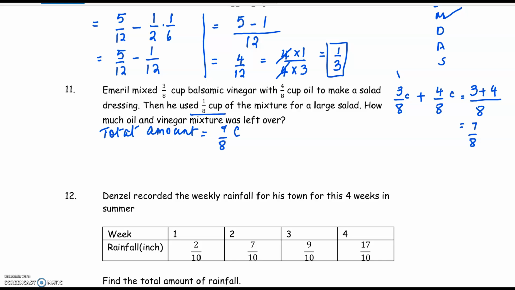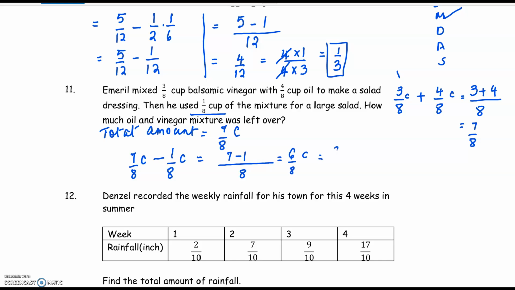Now he uses 1/8 of a cup of the mixture for a large salad. How much oil and vinegar mixture was left over? So we have 7/8 of a cup. We use, which means we subtract 1/8 of a cup to figure out how much is left behind. Again, like fractions. So we have a common denominator, 7 minus 1, which is 6/8 of a cup.